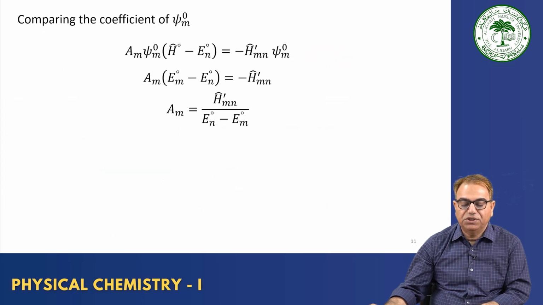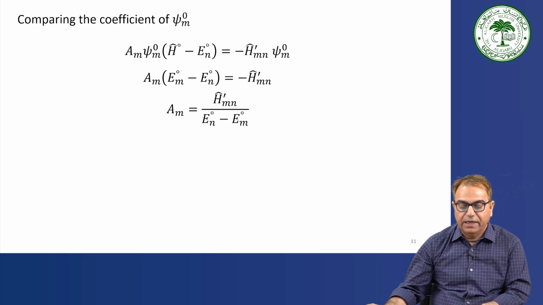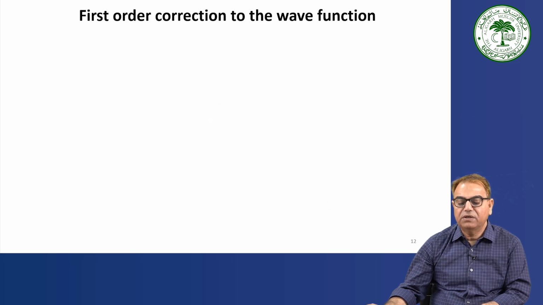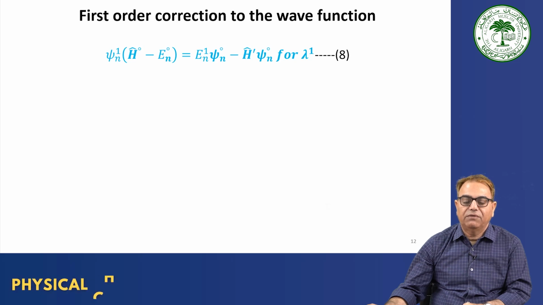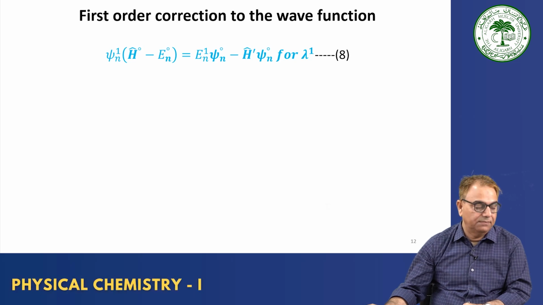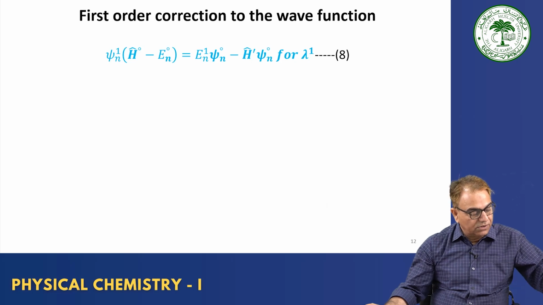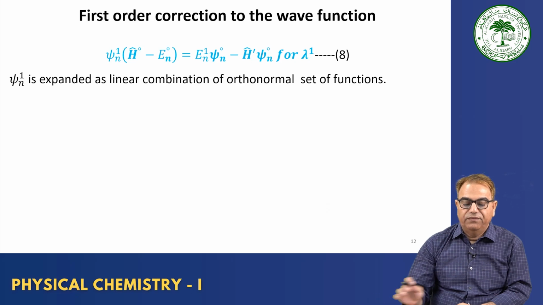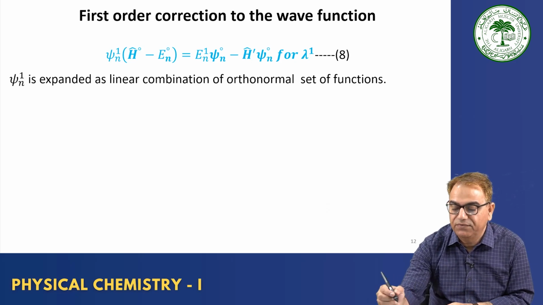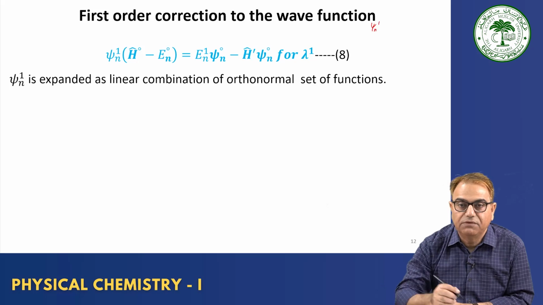Now if you compare these coefficients, they can be compared on both sides of the equations and written like this. Now for the first order correction to the wave functions, go back to equation number 8. We have found the first order correction to energy, and our goal now is to find the first order correction to the wave function, that is, psi n1.